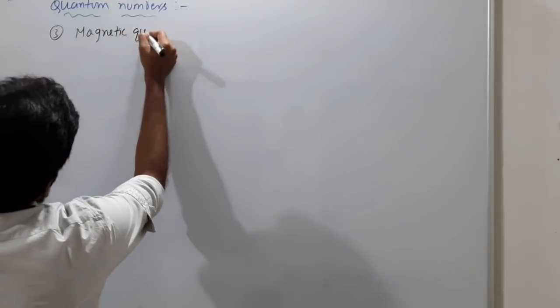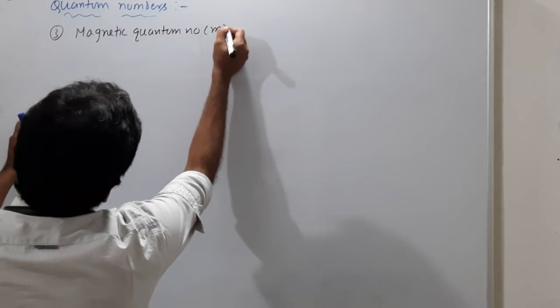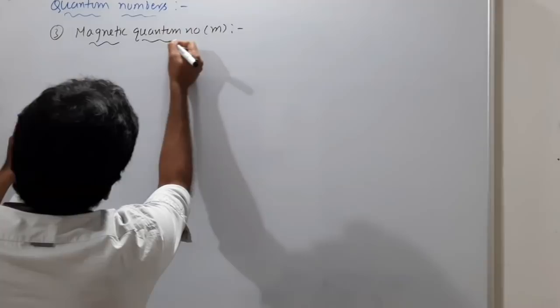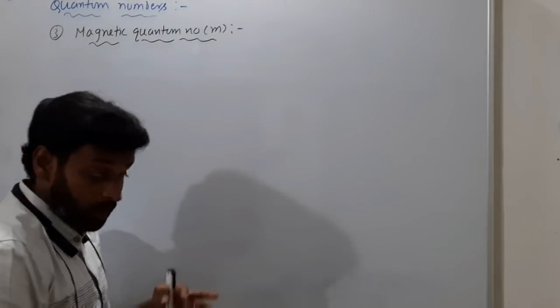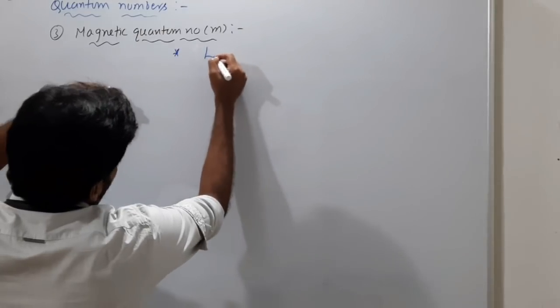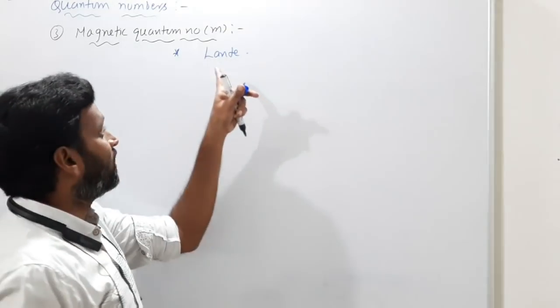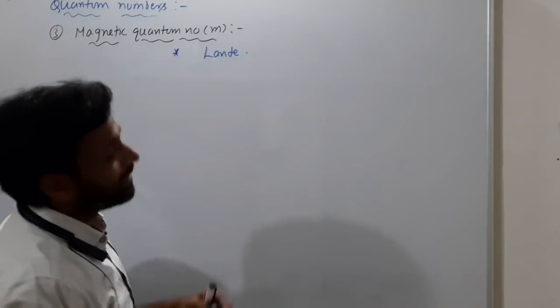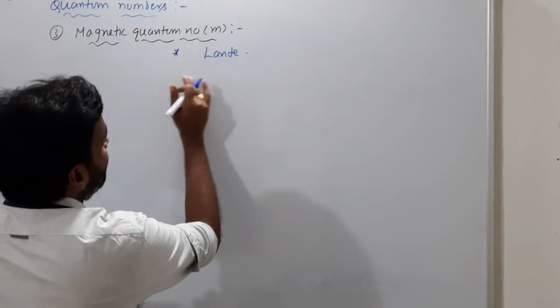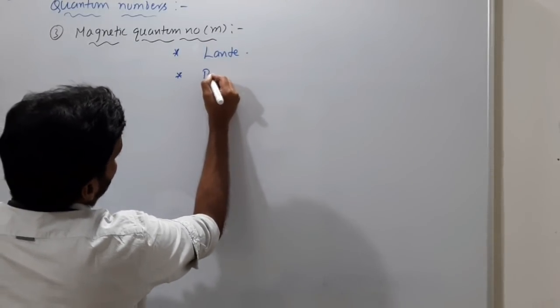So our third one is the magnetic quantum number. It is represented with a small m. The magnetic quantum number was given by Mr. Lande, the scientist who gave this quantum number.